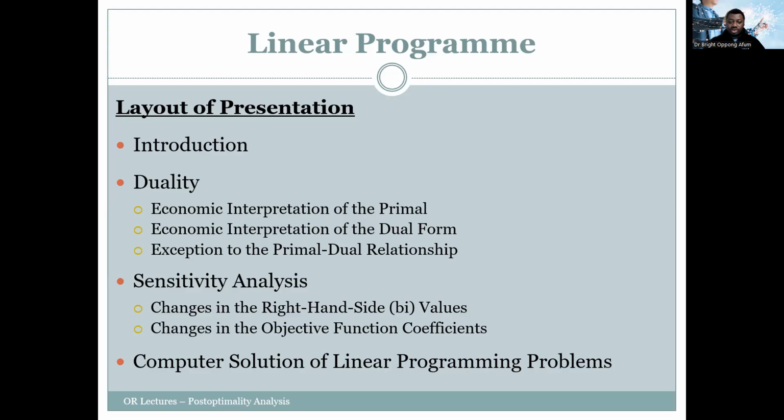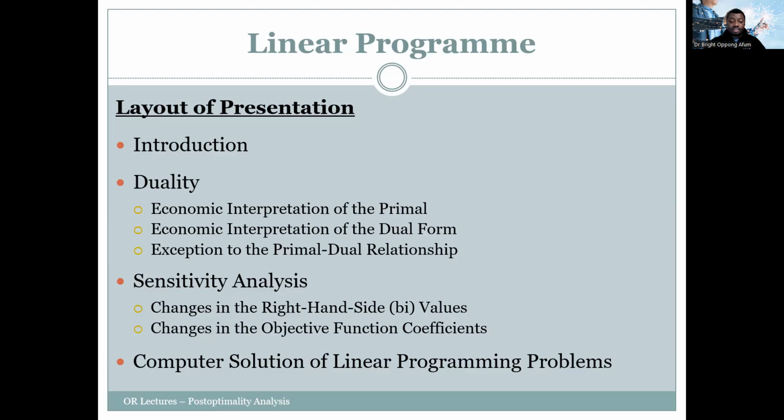So you needed the cost of, let's say, any material, or you want to sell your product at a particular charge. However, you go to the market and due to external factors, the value has changed. How does it affect your optimal solution? Do you need to rework the whole thing? We'll look at that.